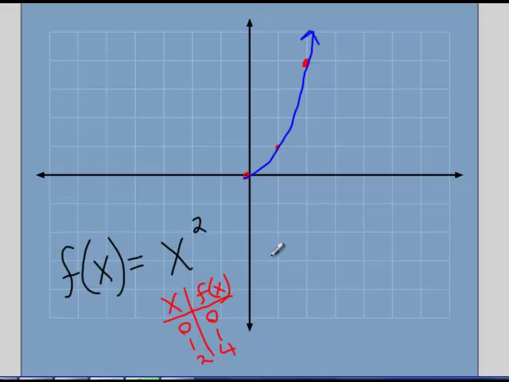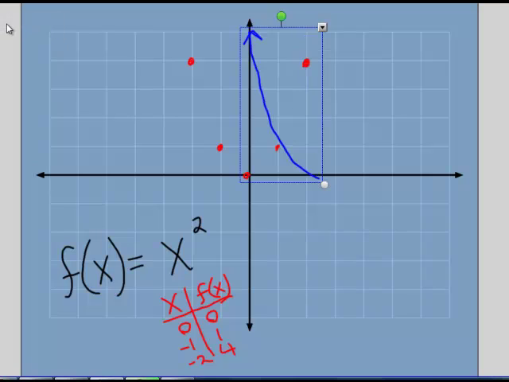Now, if I make these negative for my negative quadrant, when x is negative 1, my f of x is still positive, because when you square that, you still get a positive number. And when it's negative 2, it comes up here. So you can see the symmetry in this, and we'll learn all about this in quadratics. But this is symmetrical.